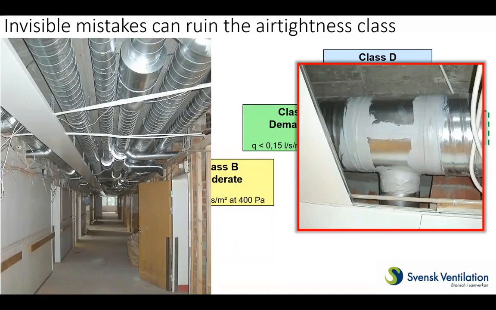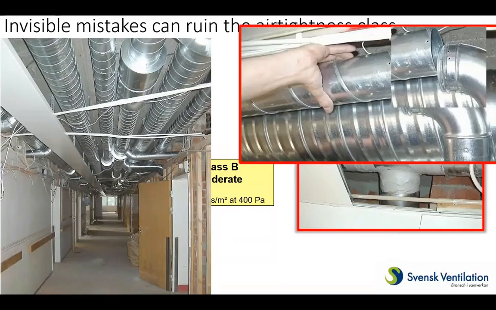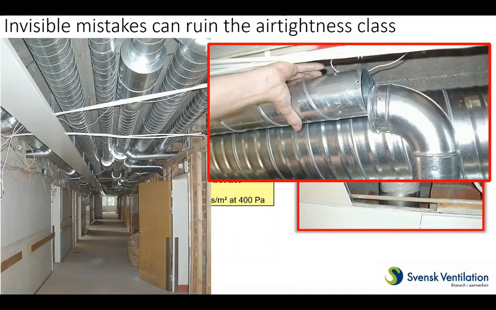A very common mistake is shown on the next photo here. If you look carefully, you can see here that we have taken out the screw or the rivet. It's one hole here. I hope you can see my arrow.